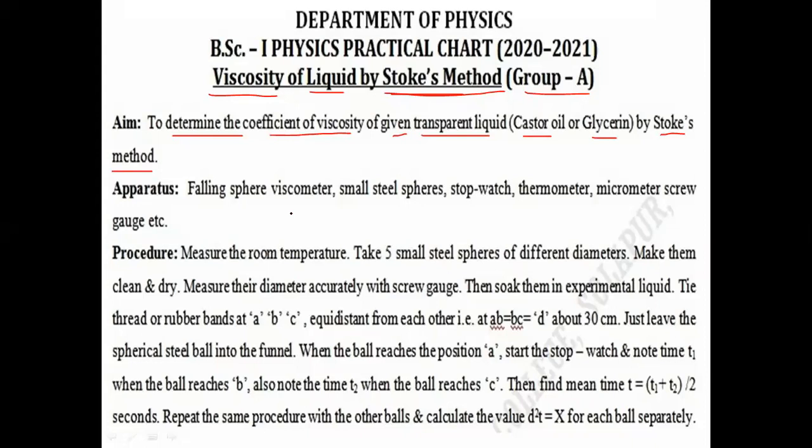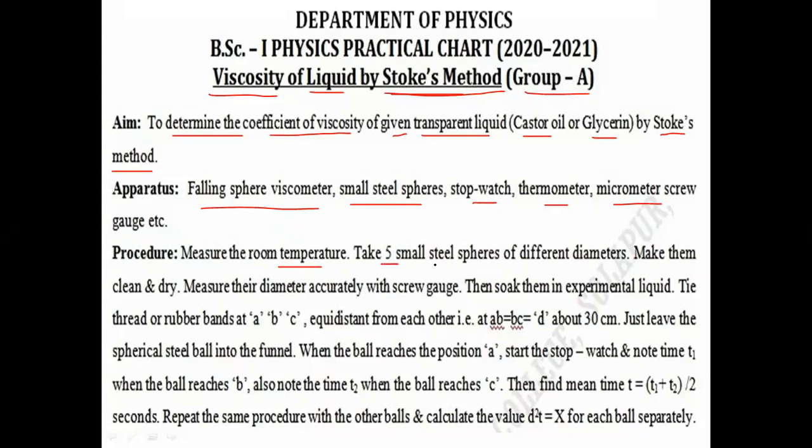The apparatus for this experiment: sphere viscometer, small steel spheres, stopwatch, thermometer, micrometer screw gauge, etc. The procedure goes like this: measure the room temperature.